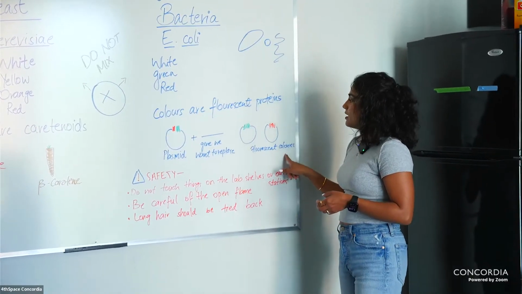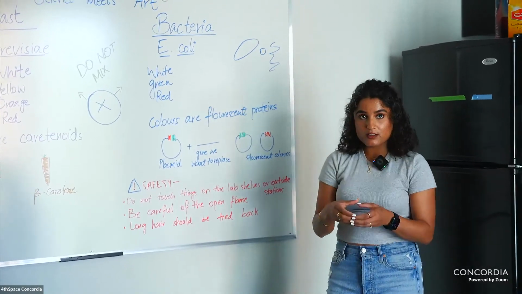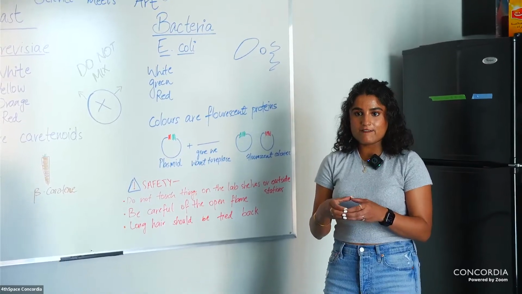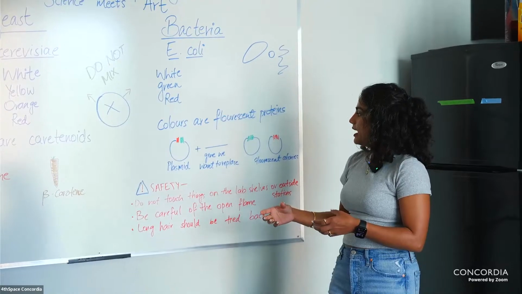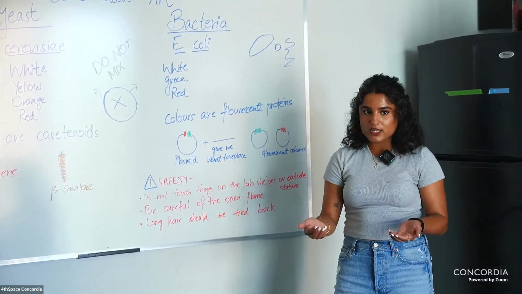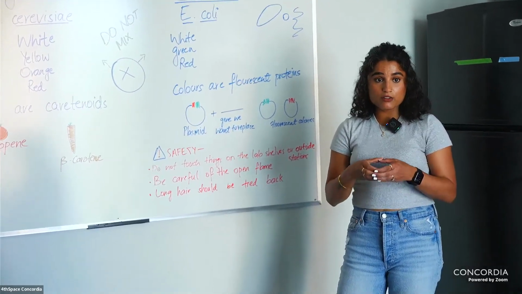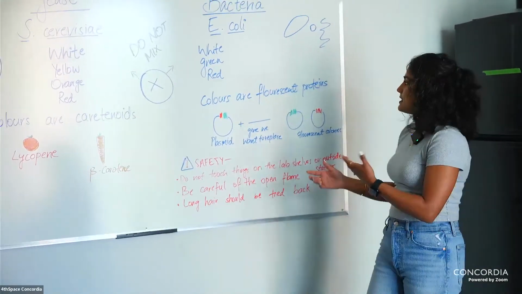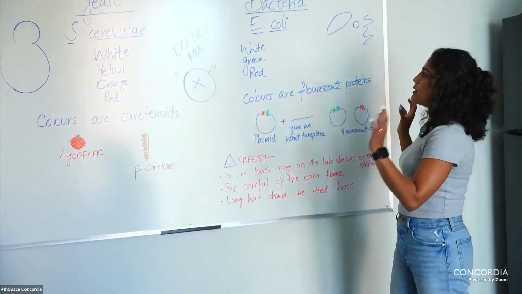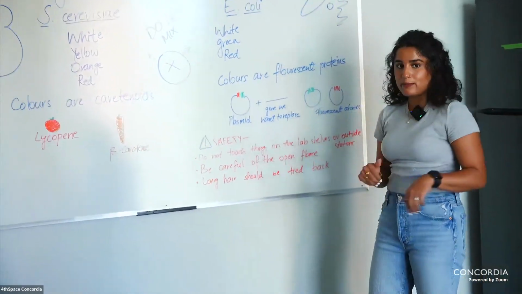And when the E. coli grows, we look at the colonies to see if it's glowing the desired color. If I introduced green fluorescent protein into the E. coli, when it grows, I look at the colonies and see if it's green, and same with the red. We've already prepared these for you guys in the lab today.